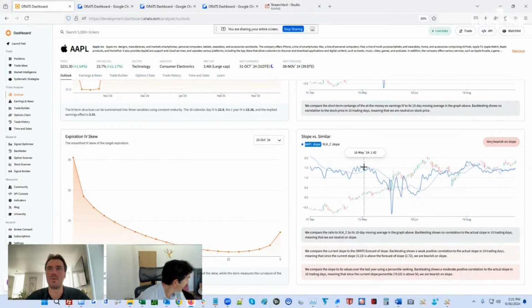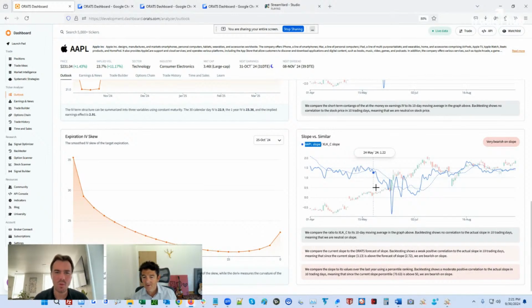I think what ORATS is doing with all these indicators, it's a steep learning curve, right? If you're coming in as a retail trader and you're just starting to learn about options and seeing all these indicators and all this talk about volatility surface and slope and the lingo, it can be overwhelming.